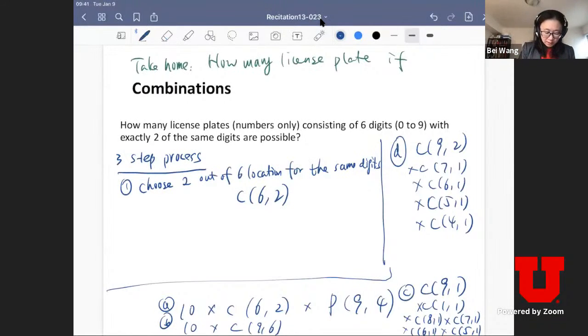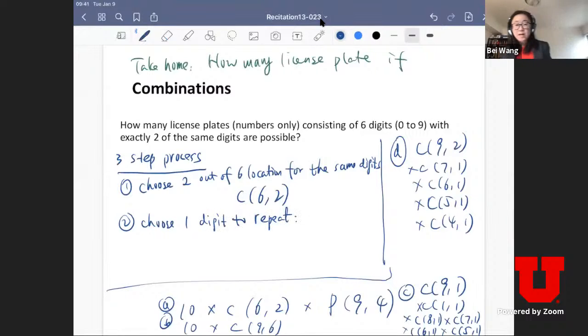Now the second step is I need to choose a digit to repeat itself. There's a total of 10 digits, so we want to choose 1 digit to repeat. Because there are 10 different digits, my choice is 10, which is equal to C of 10, choose 1.